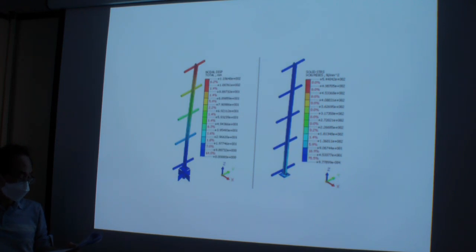The table shows this. For the 3 by 3 meter structure, the integrated type has a maximum displacement of 6.39, maximum stress of 98.19, and the stress ratio to yield stress is 35.7%.